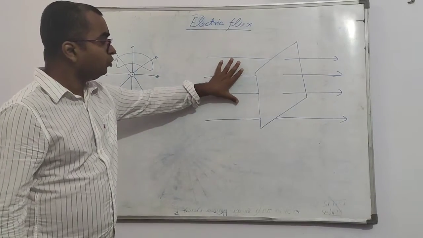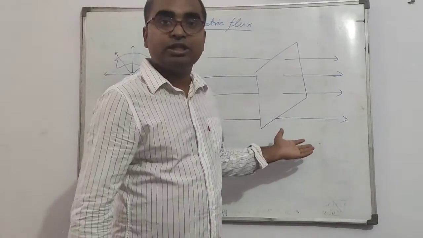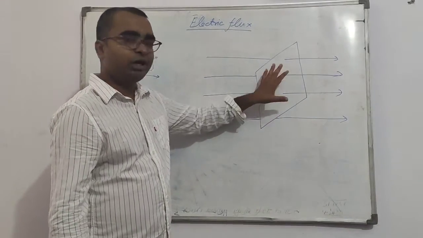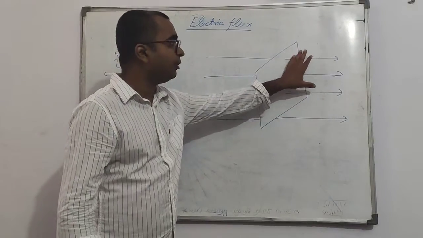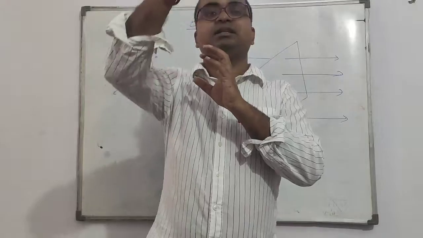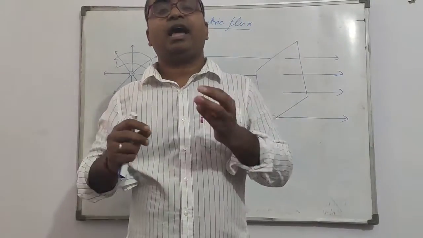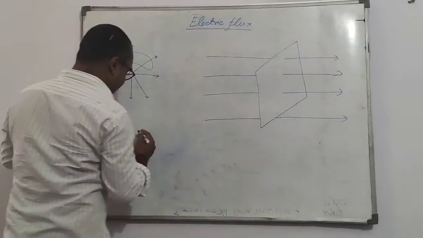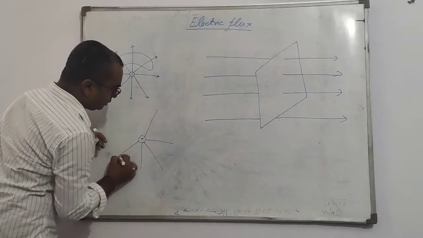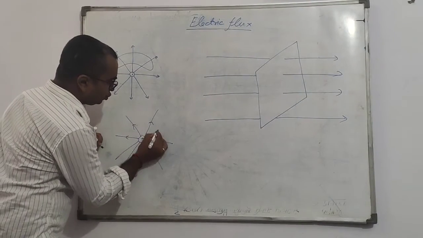But how can we calculate all these things in mathematical form? Before coming to this, we must recall the field lines I have already discussed. If you have a positive charge, the field lines go outward, as the arrow shows.